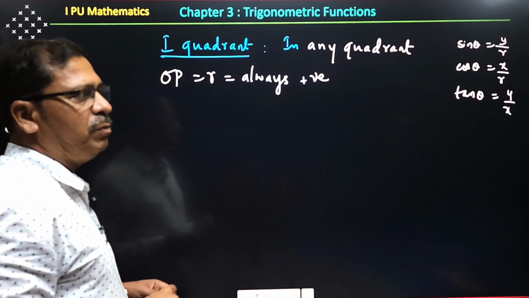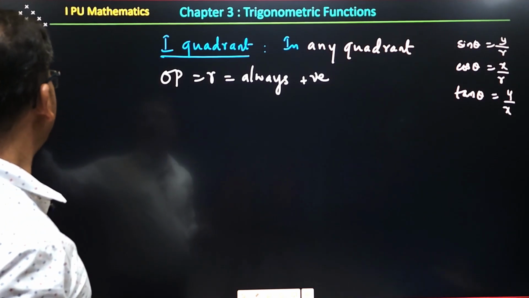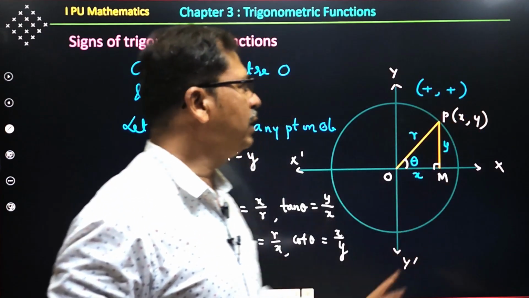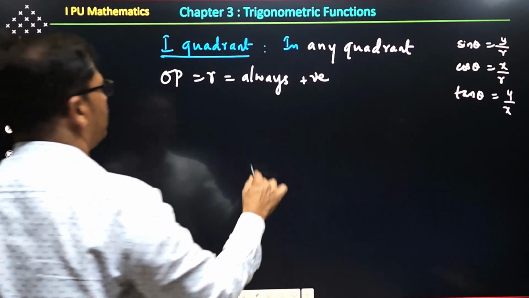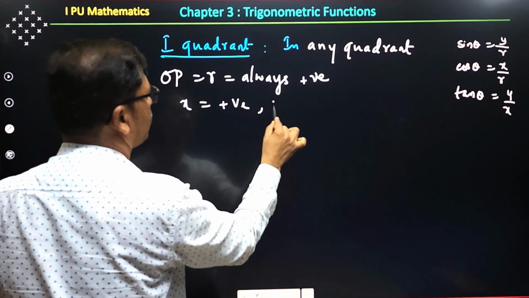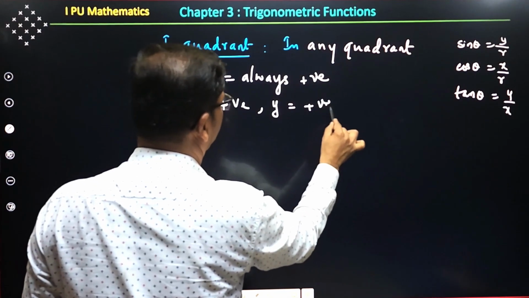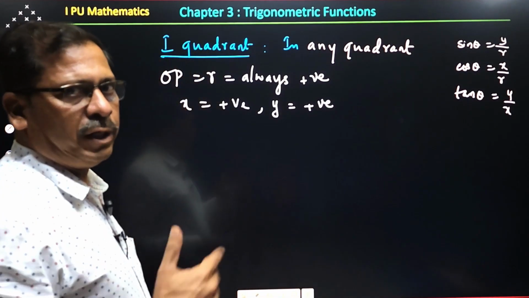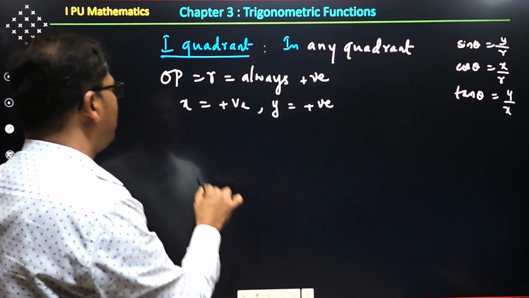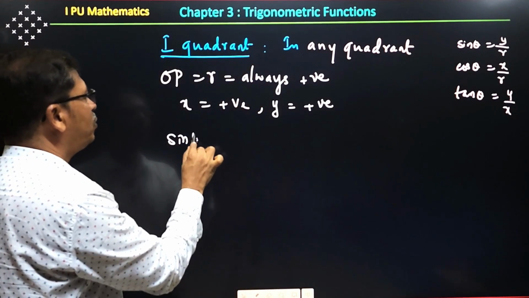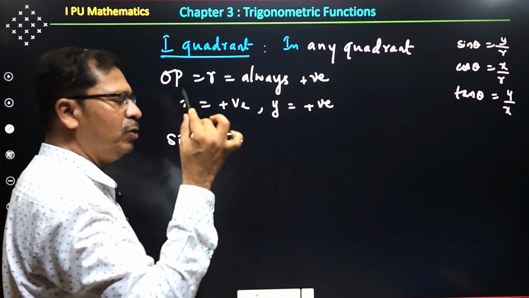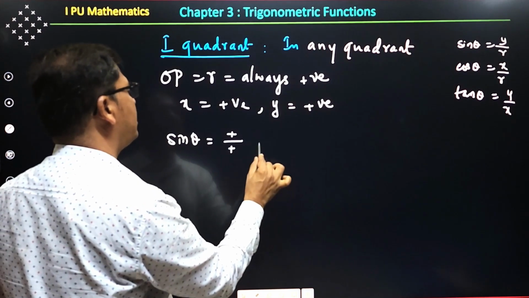In the first quadrant in particular, both x and y have the same sign, plus plus. So x is positive, y is positive, r is always positive. If you take any of the ratios, sin theta is equal to y by r; I only worry about the sign here, plus divided by plus, which is plus.